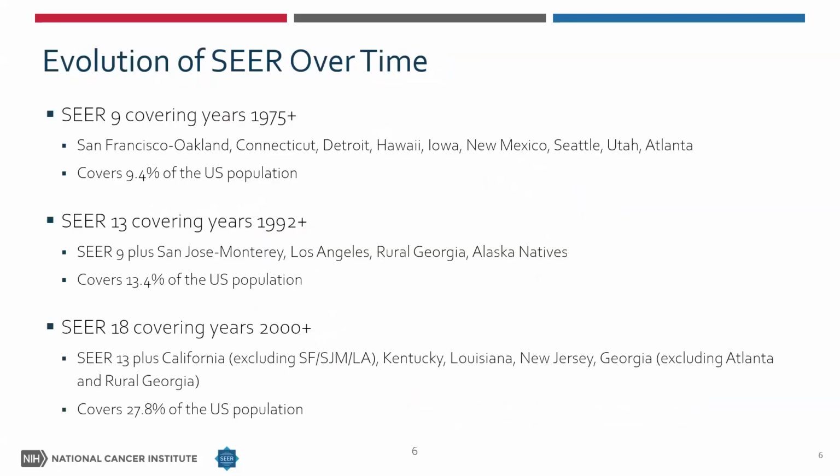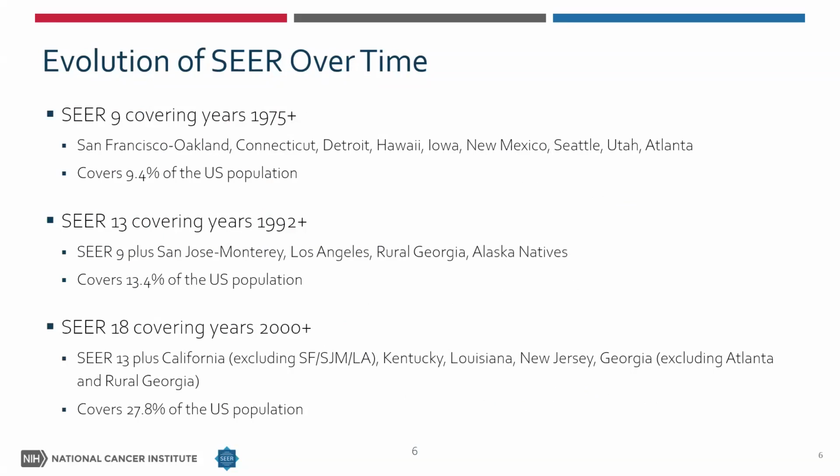So SEER has evolved over time. The original set of registries that SEER started with were 9 registries for whom we have actually historic data going back to 1975 onward. And with the original 9 registries, we captured about 9.4% of the US population. In 1992, SEER expanded and added a few more registries, as one can see listed here.